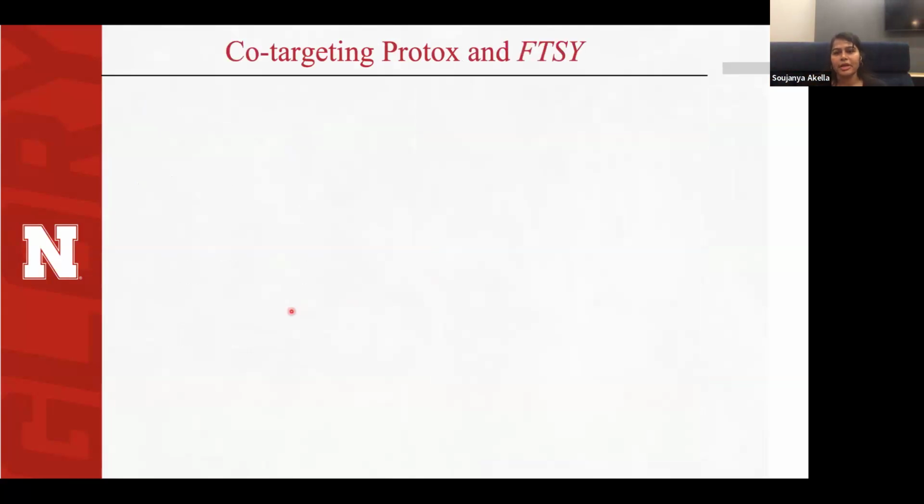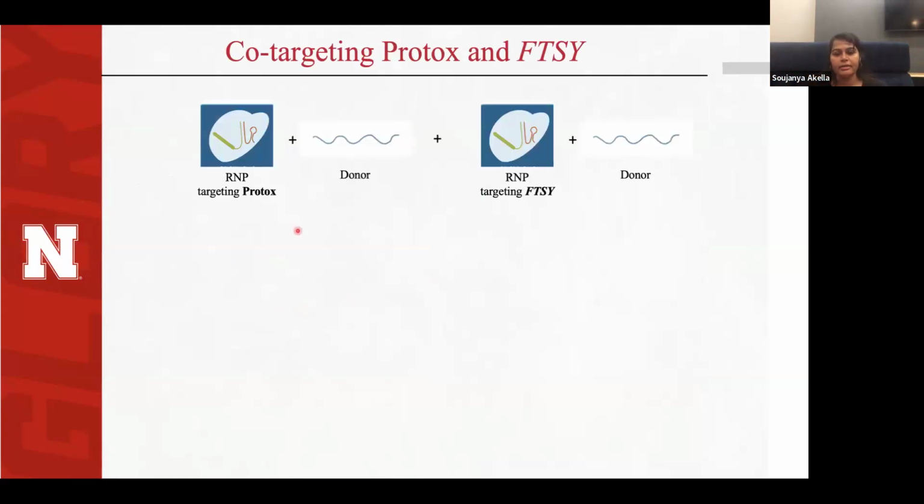Now, we went back to FTSY, and this time we had two Cas9 RNP complexes. One targets ProTox, so you have that donor that will make those two base changes. And then you have FTSY, which will also make those other base changes.